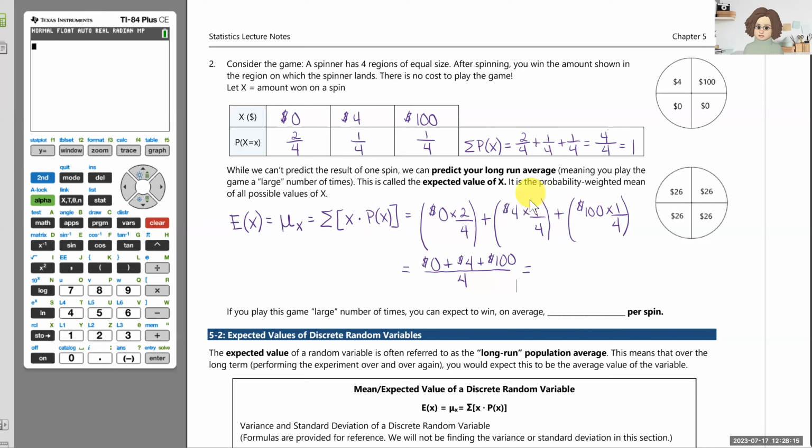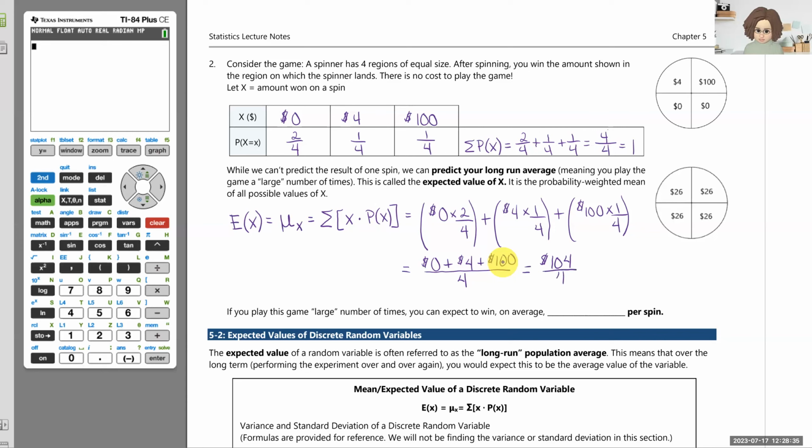All right, so in theory, the denominator there, if you spun 4 times, you would make 0 plus 4 plus 100 is $104. But we want to know how much that is per spin.